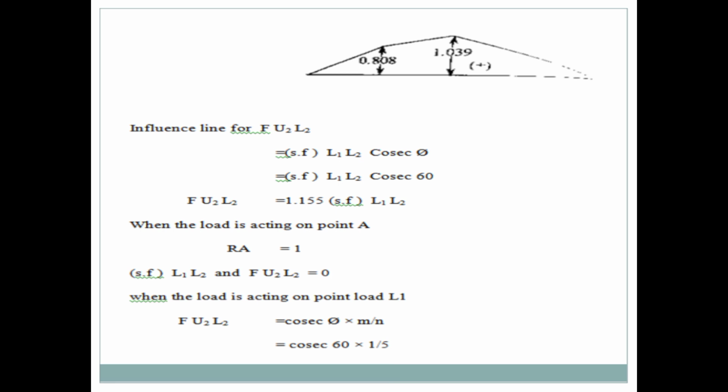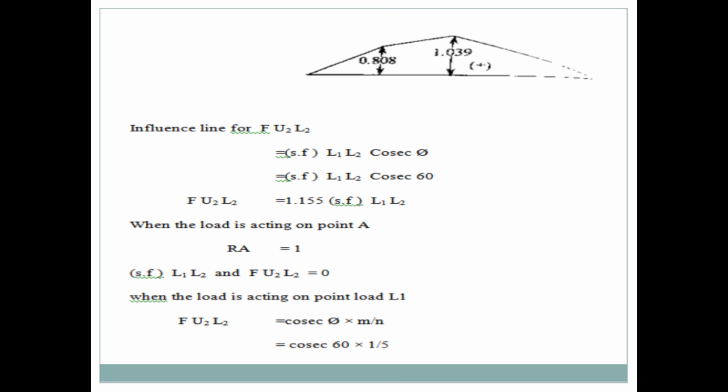Next, the influence line for F U2 L2. Already we have finished F L1 L2, and here F U2 L2 is equal to shear force L1 L2 cosecant theta, is equal to shear force L1 L2 cosecant 60 degree, is equal to 1.155 shear force L1 L2. When the load is acting on point A, Ra is equal to 1, shear force L1 L2 and F U2 L2 is equal to 0.